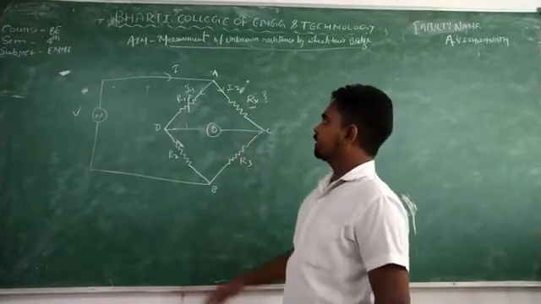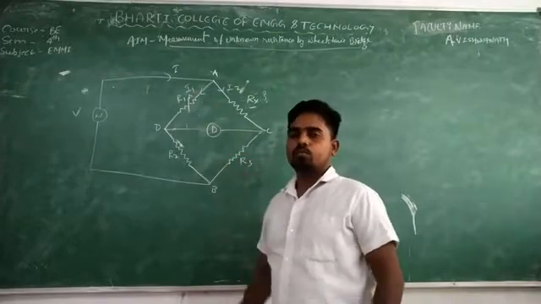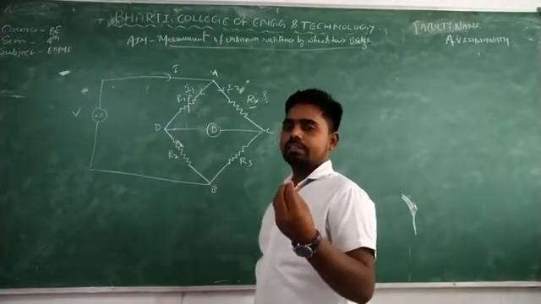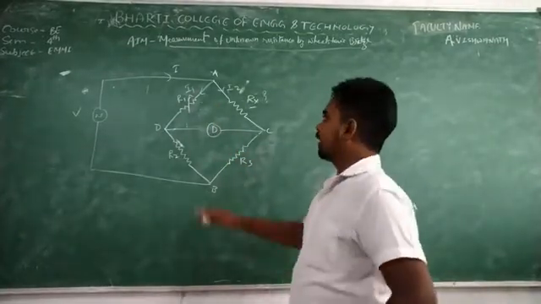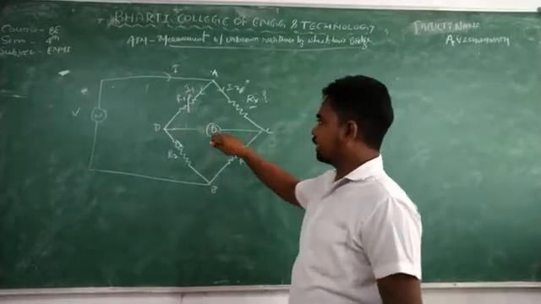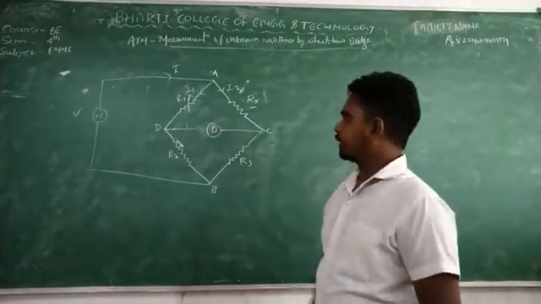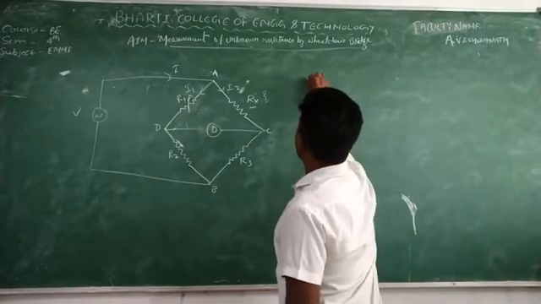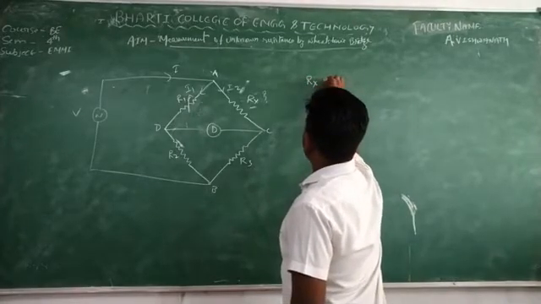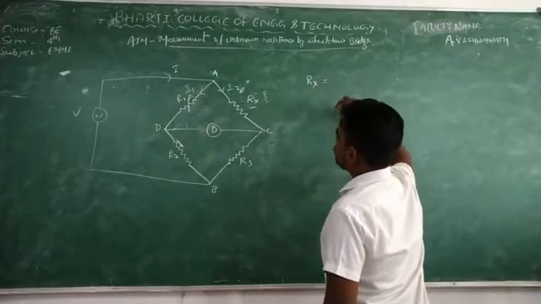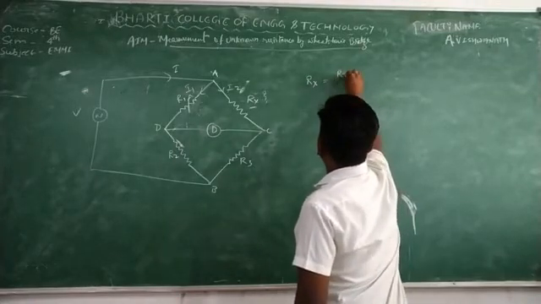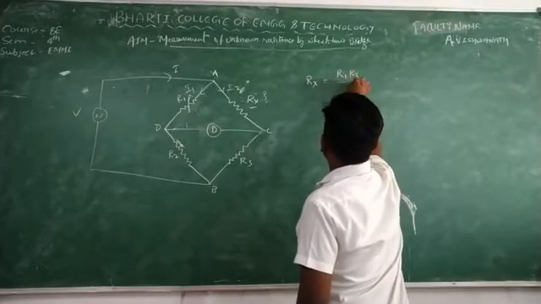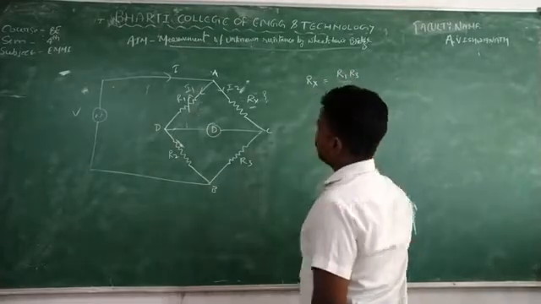In our kit, R1 is a 10 kilo ohm variable resistor potentiometer, and we vary this and try to achieve the balanced condition. Now let us see how we find it. Here Rx is equal to R3 upon R2 times R1.